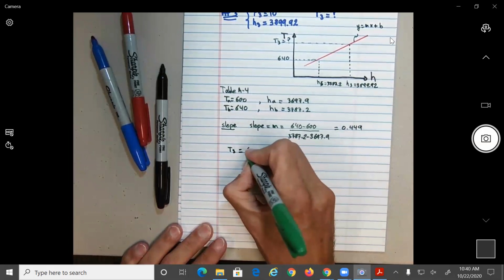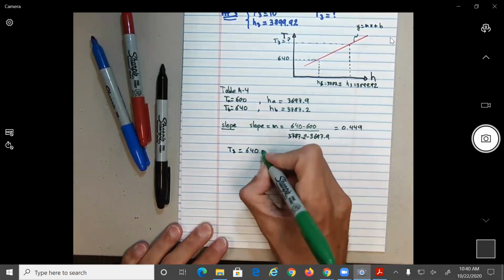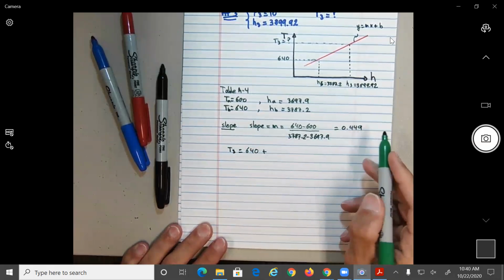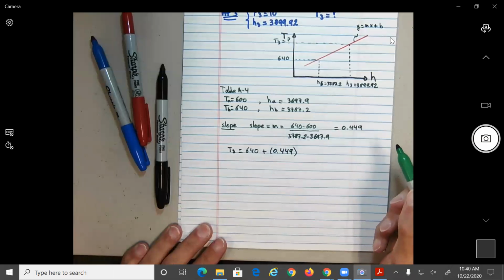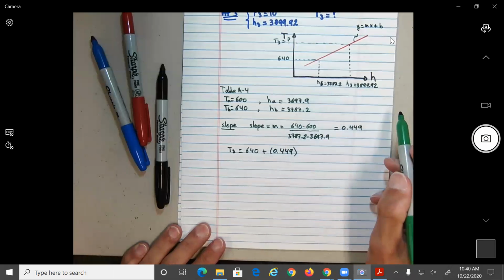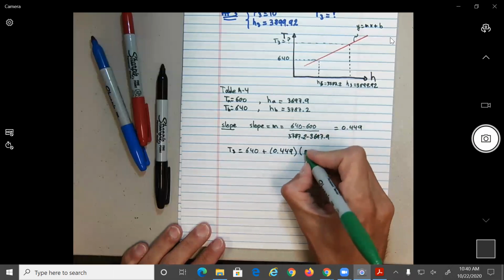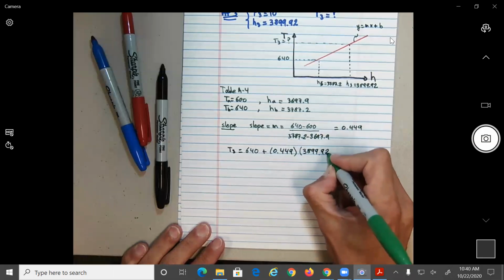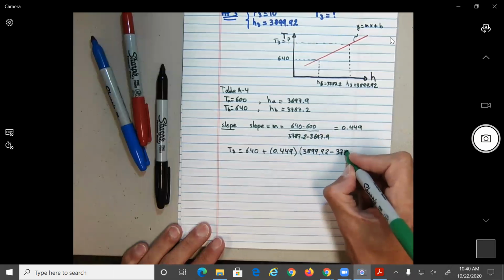From the figure, it will be 640 plus the slope that we just calculated, 0.449, times the space between this and this. So the x would be H3, which is 3,899.92, minus 3,787.2.